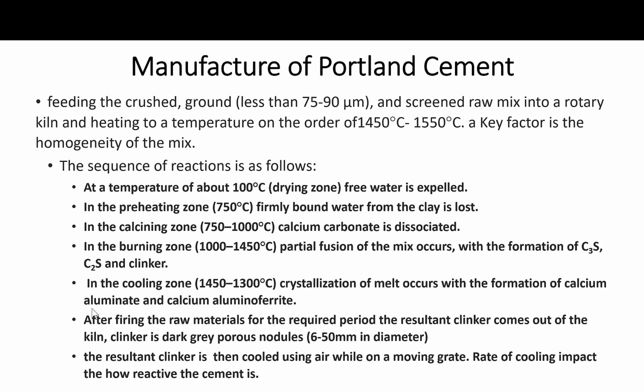The resultant clinker is then cooled using air while on a moving grate. The rate of cooling impacts how reactive the cement is. So again, many tests are done on the cement after that, and this is one of the quality control processes.